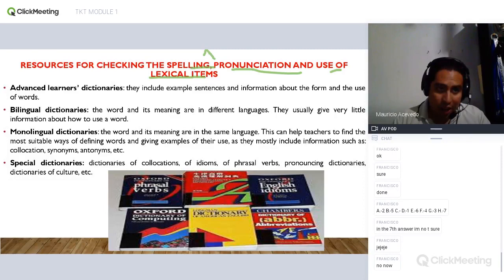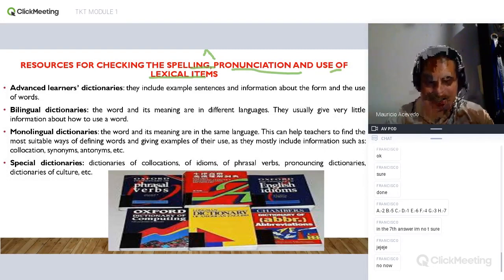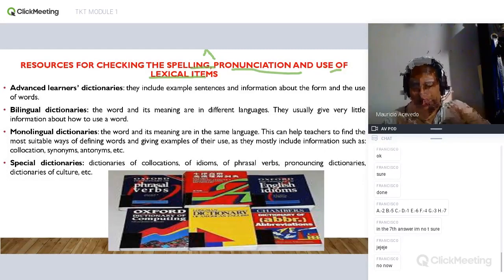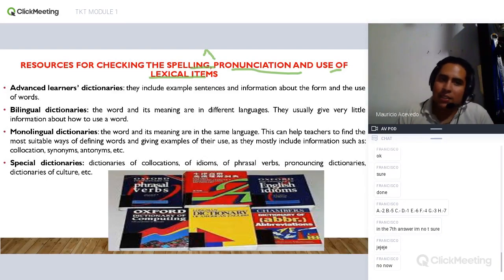For example, advanced learners' dictionaries. What is this? Well, they include example sentences and information about the form and the use of words. As they are for advanced students, you have many examples. You have other varieties of a word. You have synonyms because you are supposed to be an advanced student.